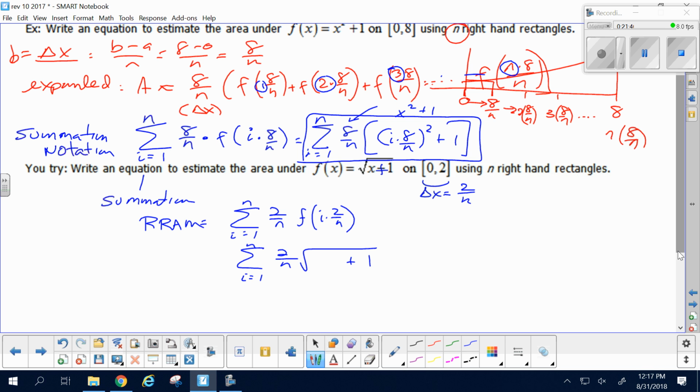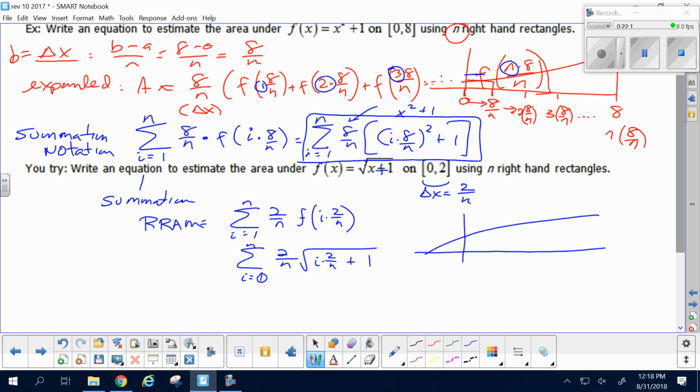How are we doing? You get something like this. You agree? Okay, that's right. This is left. So it would start at 0, okay, perfect.